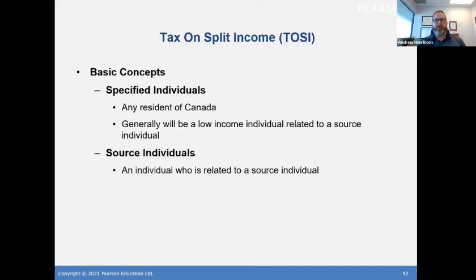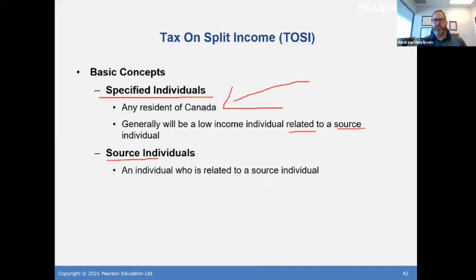So the basic concepts here: we have a couple of definitions. We have specified individuals. That's any resident of Canada, and generally this person is going to be a low-income individual, the person we're trying to transfer the income to. So they're related to a person who is the source individual.